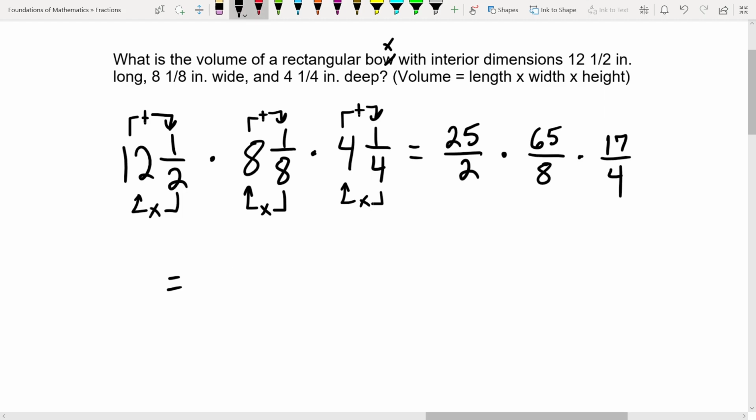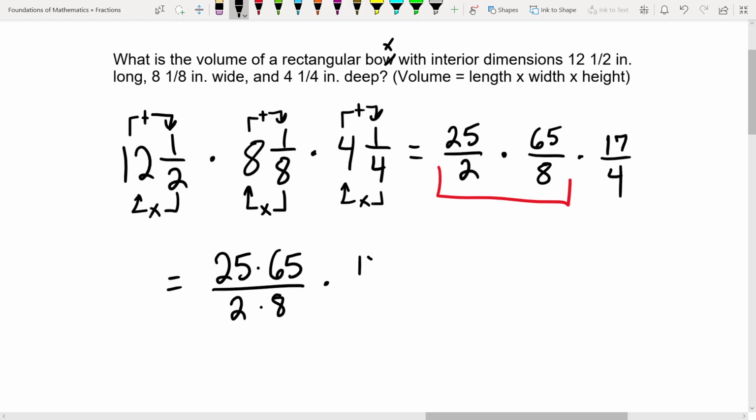So, to keep it clear what I'm doing here, I'm going to start off with the first two. 25 times 65 over 2 times 8. This is, of course, multiplying 17 times 4. Using a calculator, 25 times 65 is 1625, over 16.